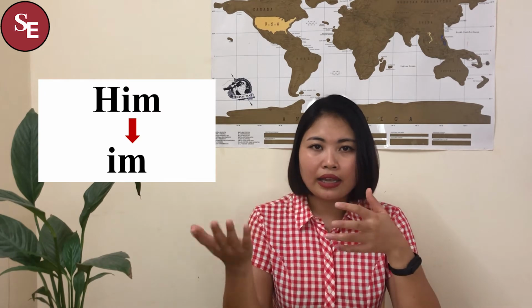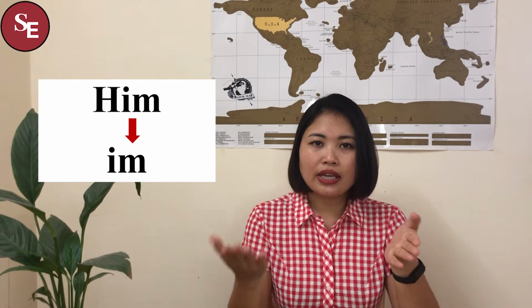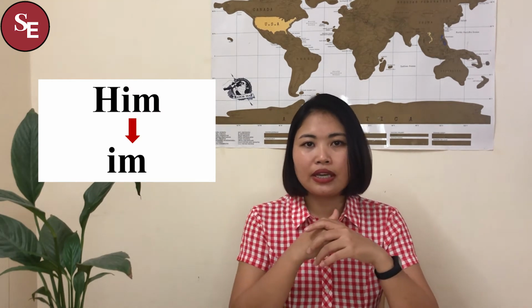For example, I say, I like him. So in the sentence, the words I and like are important, but not the word him. Okay, so you reduce the words. You don't say I like him, but you say I like him.